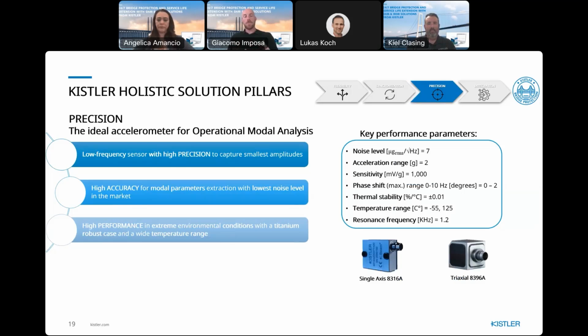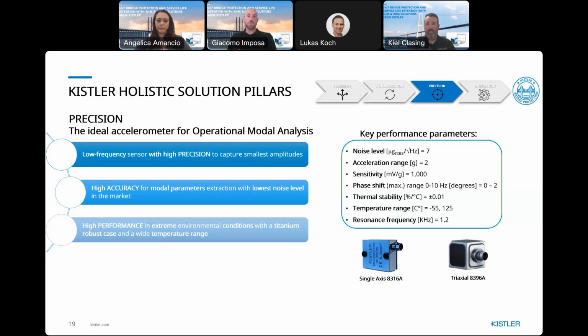Imagine the different quantities of noise you can capture in a big, complex project like a bridge. In this case, with our sensor, the noise level is kept very low. For sure we can provide a very high level of accuracy, which is really important to extrapolate the modal parameters such as natural frequency and mode shape, and all this information is also related to damage detection.